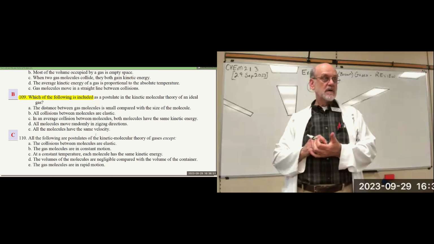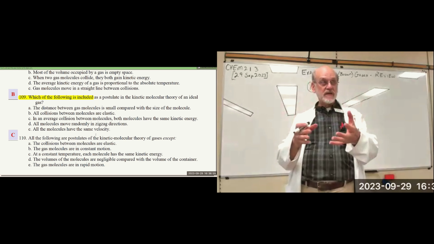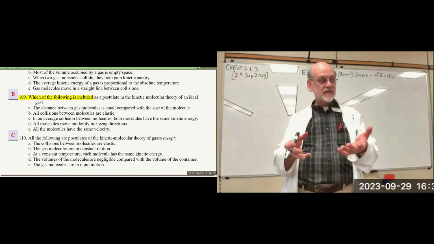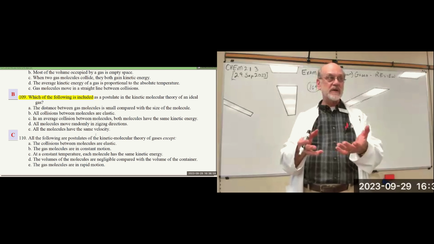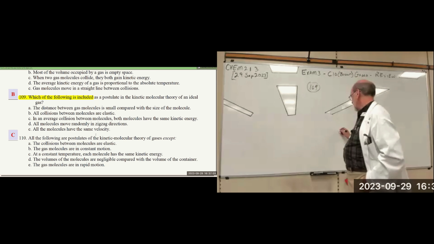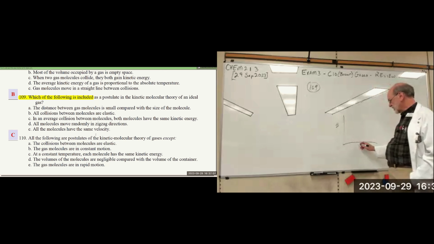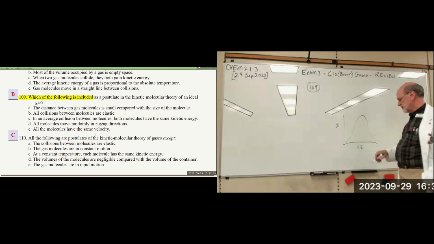C, in an average collision between molecules, both molecules have the same kinetic energy. No. The average kinetic energy of the gas is the same, represented by temperature. But the spread of kinetic energy, numbers of molecules versus kinetic energy, is actually something like this.